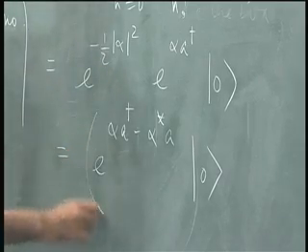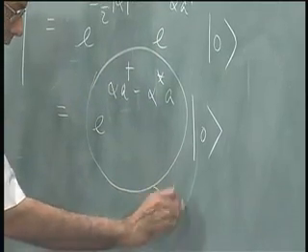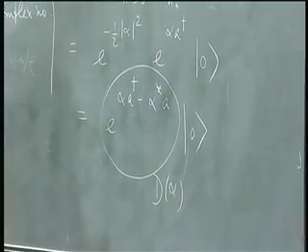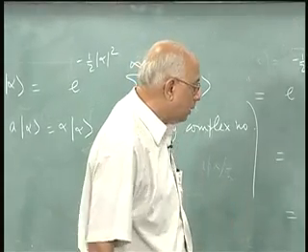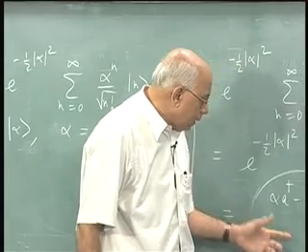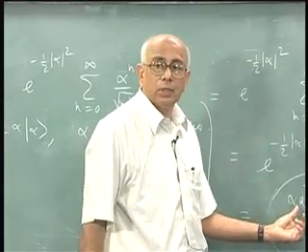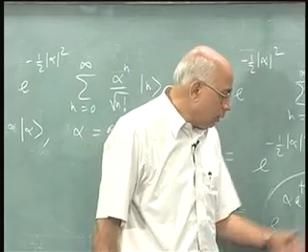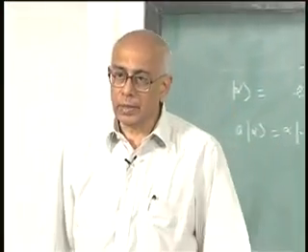So there is a certain operator called the displacement operator. Really it should be D of alpha comma alpha star, because these are linearly independent of each other, but just for convenience of notation I will call it D of alpha. This operator, which is the exponential of this combination, acting on the ground state gives you the coherent state.